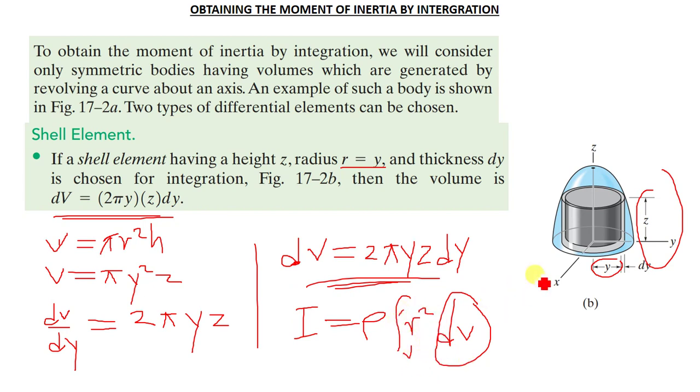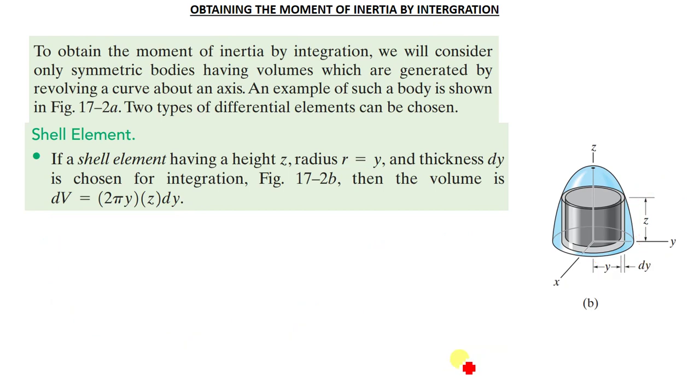While there is r, in this case our r is y, so you say y squared. Once you integrate, you find your final answer, which is the moment of inertia.